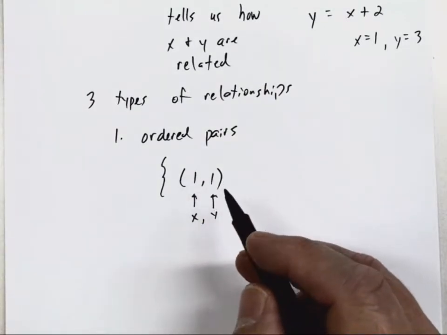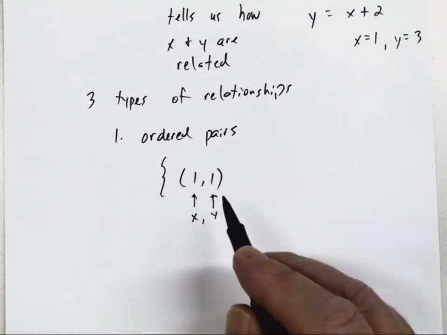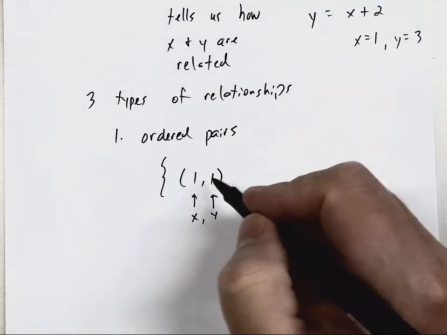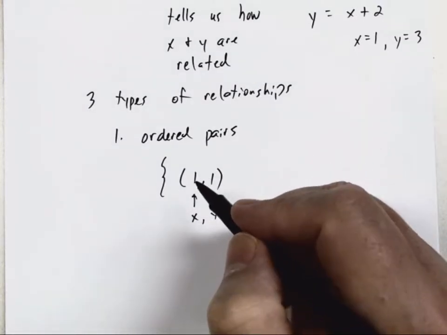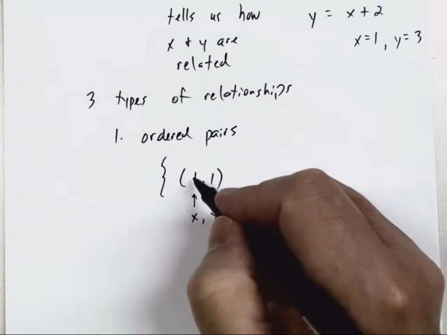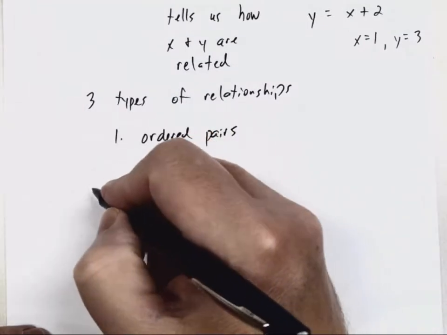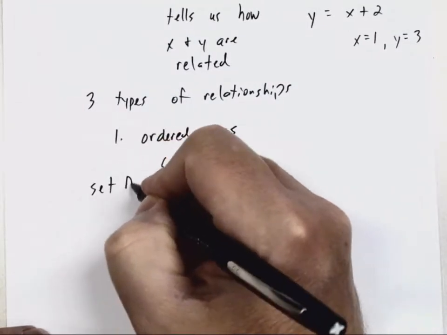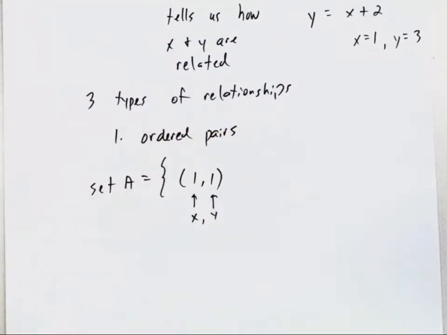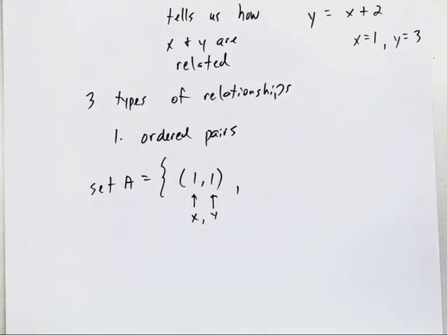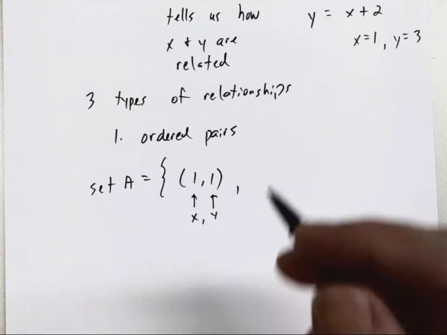What this tells us is, in this relationship, which we don't really know much about, all we know so far is that in this relationship, if x equals 1, then y equals 1. Sometimes they like to call this a set of ordered pairs. And you normally have more than a few ordered pairs.